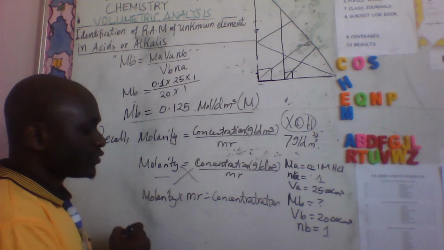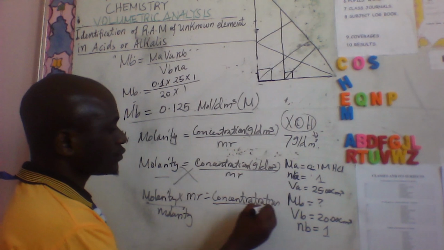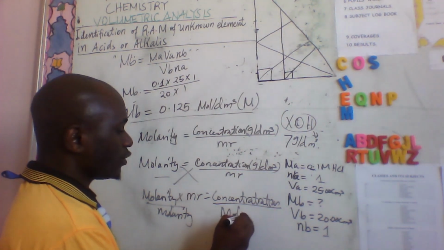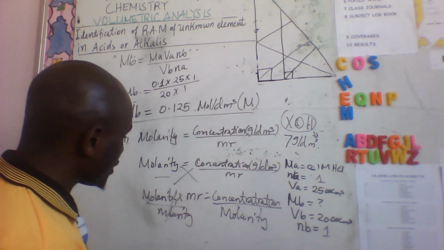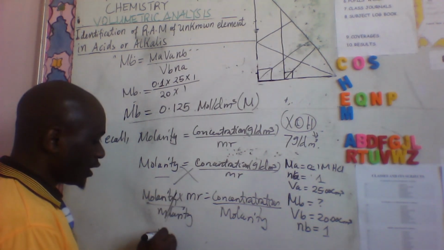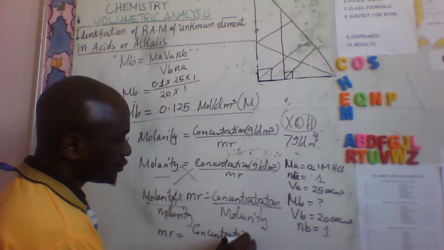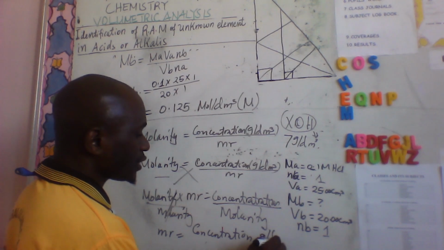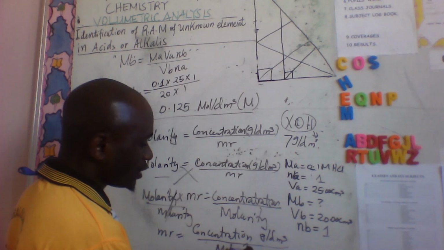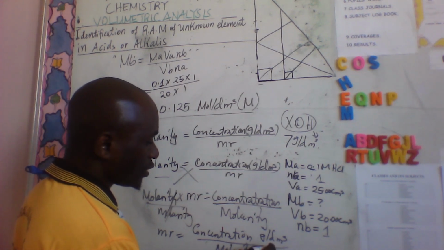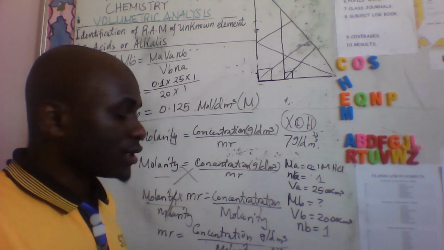Our intention is to find the molar mass, so we divide by molarity. This will cancel, and we end up with molar mass equal to concentration in gram per decimeter cube over molarity, in which this molarity is mole per decimeter cube.